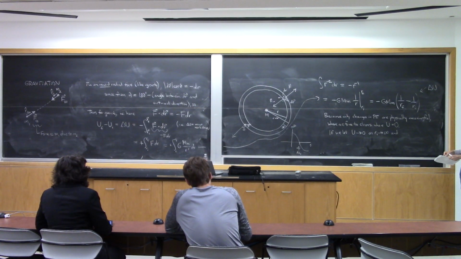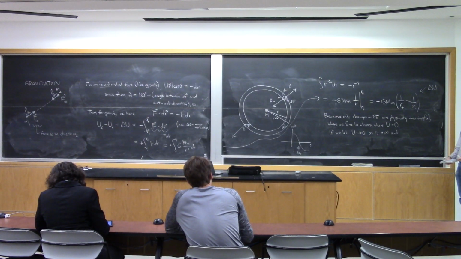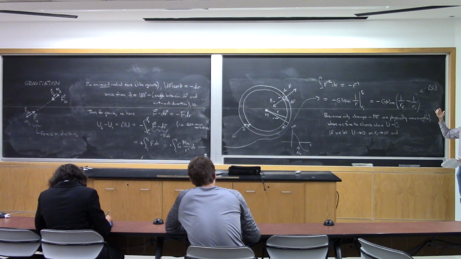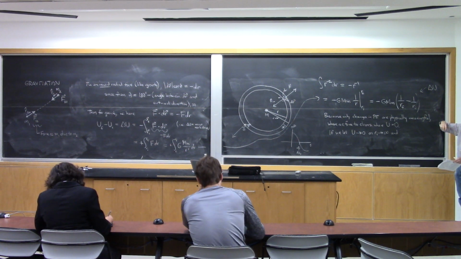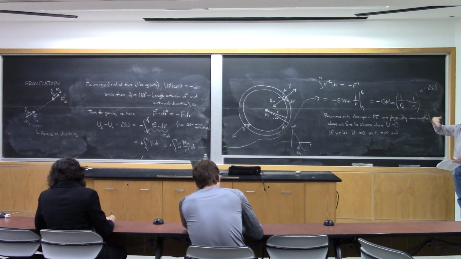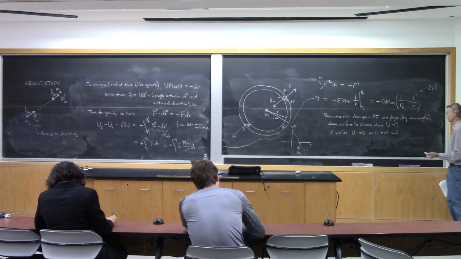You can imagine, what if the particle started out infinitely far away and then finally ended up wherever it is right now? You did that before, like with E and M, where you define the electric potential energy 0 at infinity, and then it just becomes k q1 q2 over r when it's the distance r between the particles. We're doing that sort of thing here.